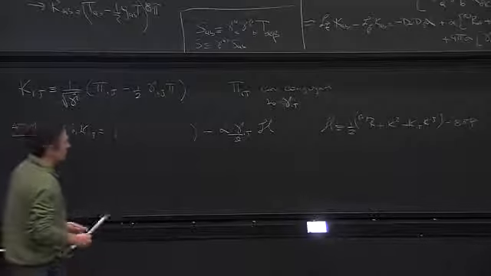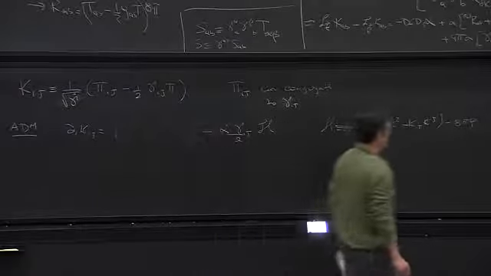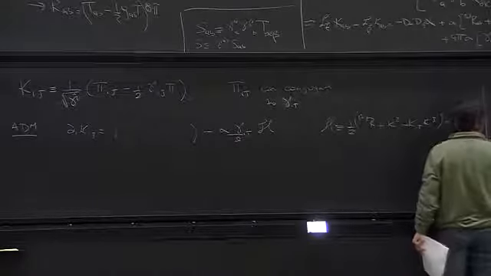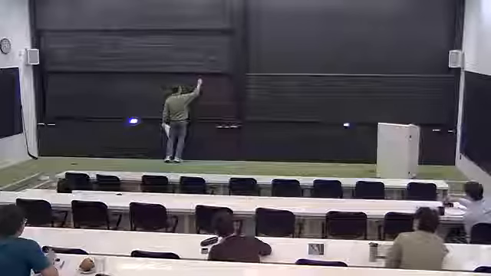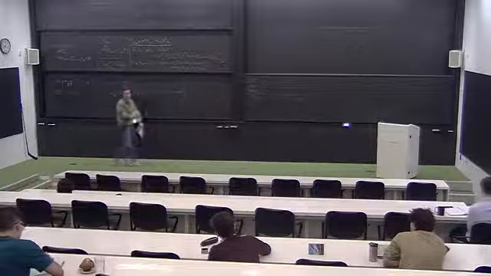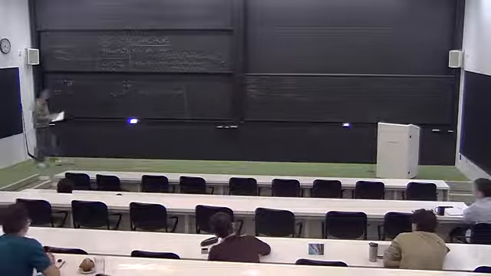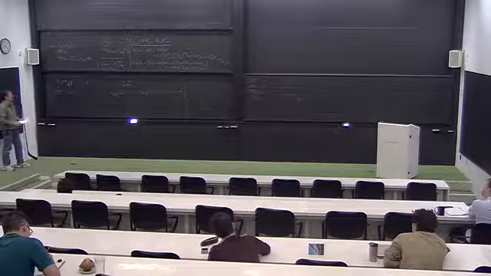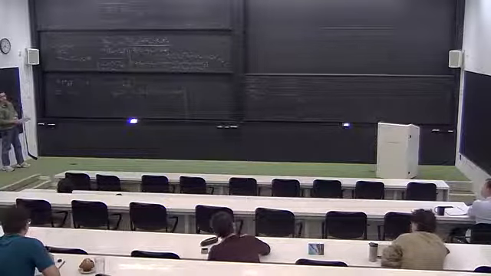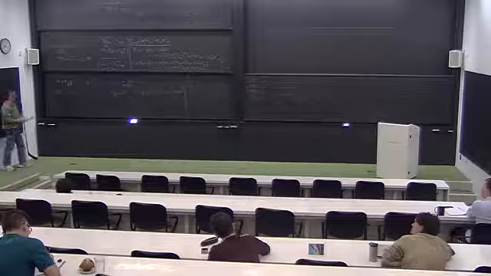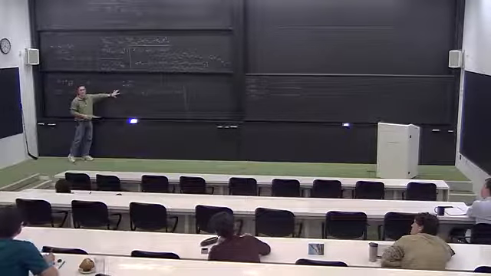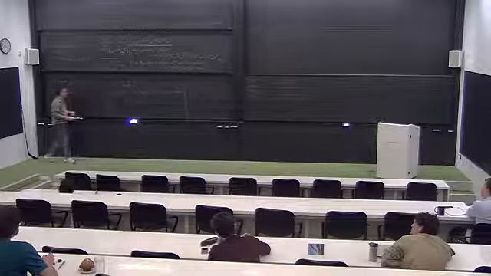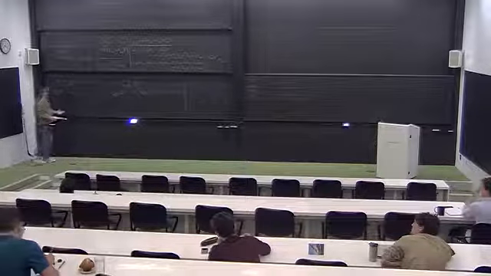But what is not true is that, using a slightly different terminology, off-shell, the equations would not be the same. So if you imagine that your initial data slightly violates the constraints, this equation, with or without this term, does not give rise to the same solution. It's because we have a slightly different source.